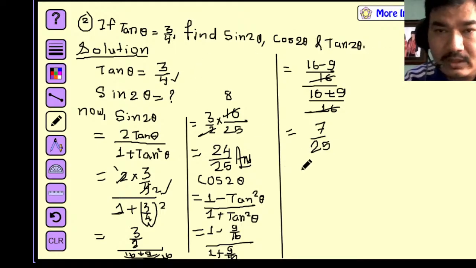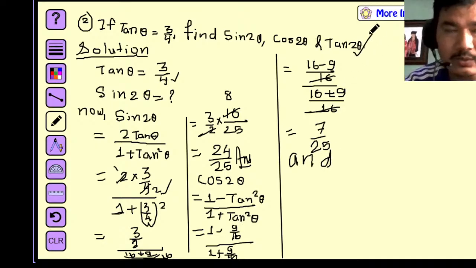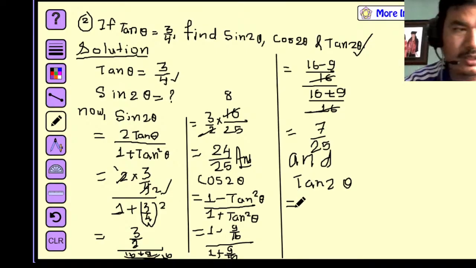Now another is also left here, and there is another question also given, tan 2 theta. For tan 2 theta also we need to use the formula, and its value should be written in terms of tan theta. Okay, then only we can solve it.